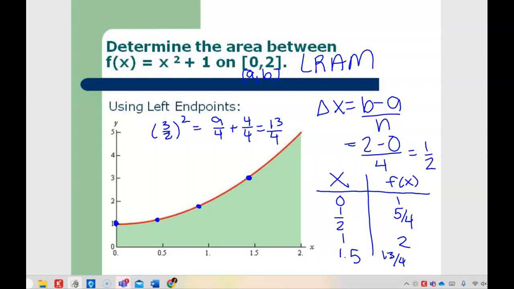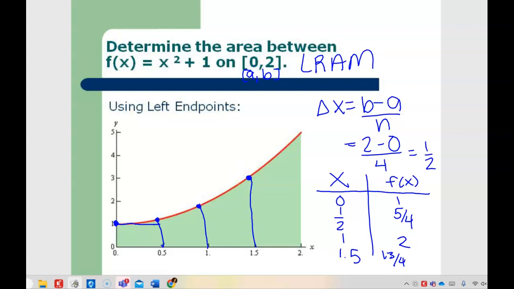Okay. So left RAM is creating left rectangles, so all of my rectangles are being created at the left height.